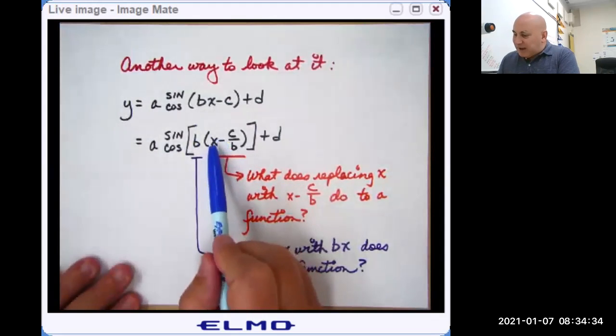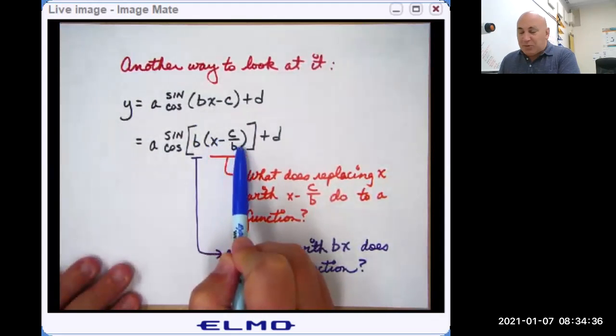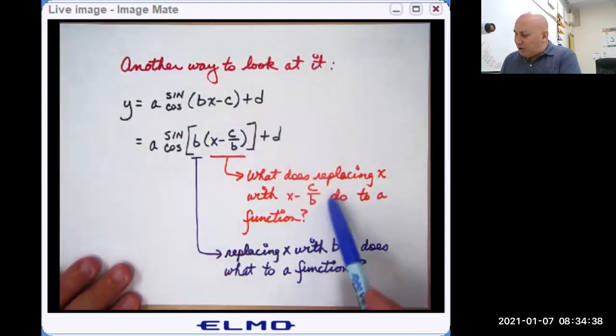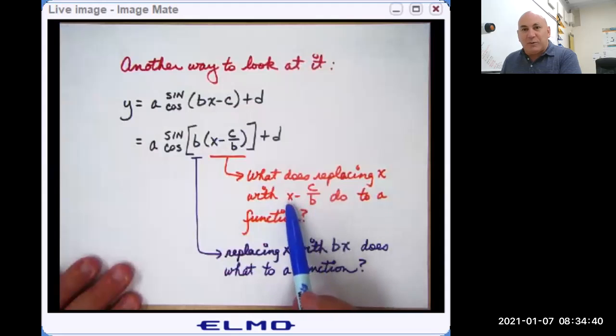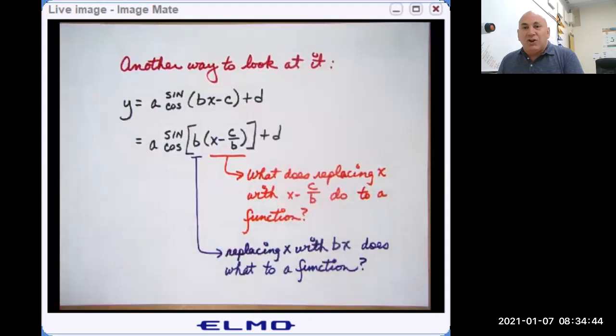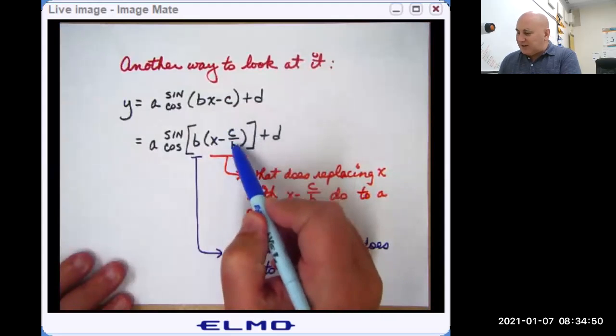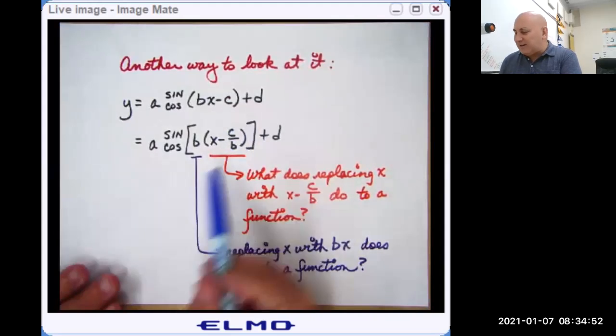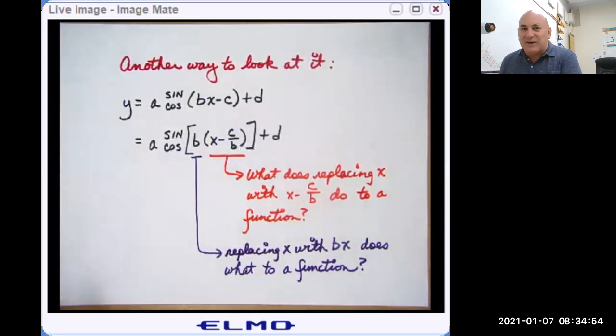And now we have an x minus a number, c over b. And we know what this does. If you replace x with x minus a constant, you translate your function to the right. So if c over b is positive, you translate it to the right, and if c over b is negative, you translate it to the left.